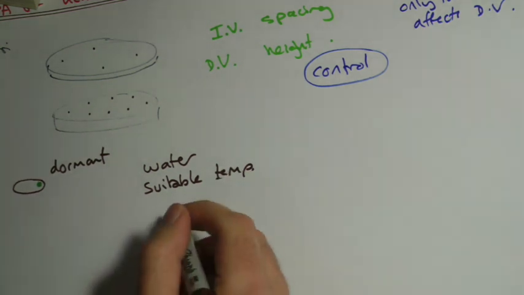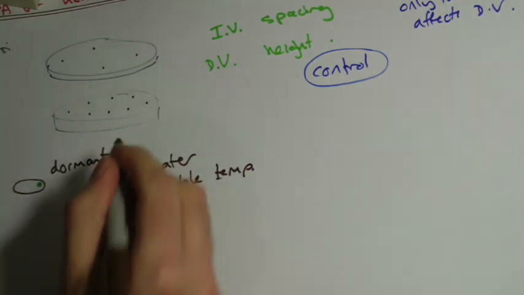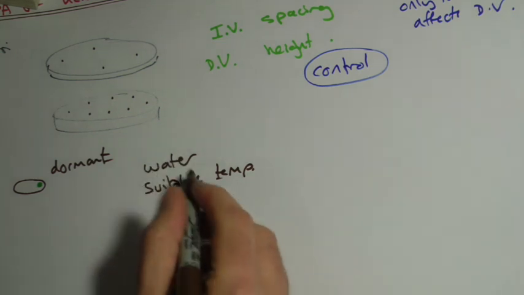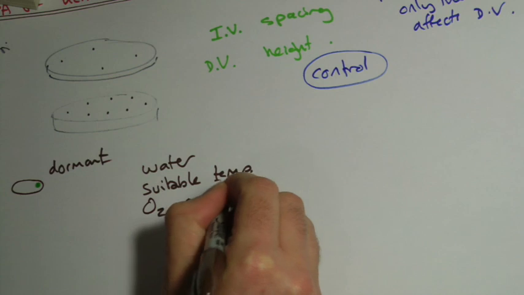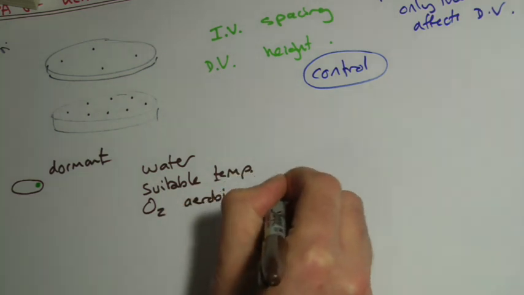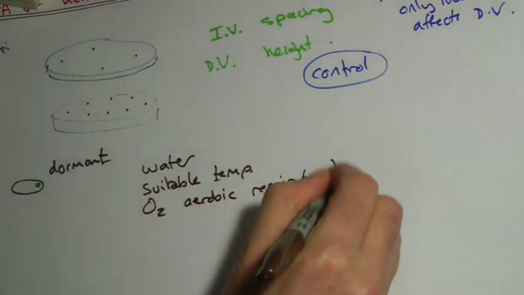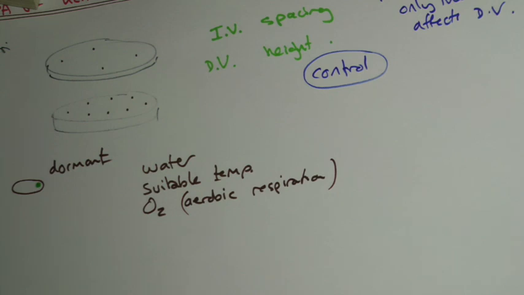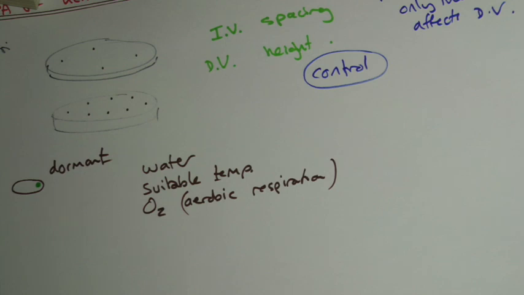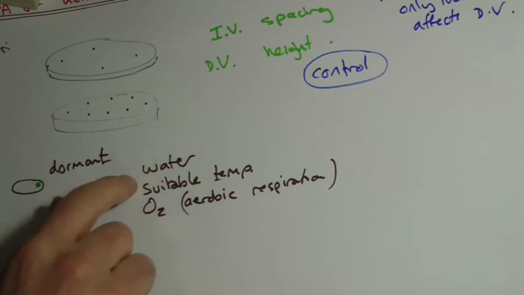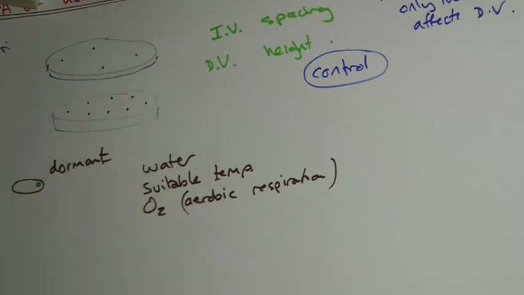You know, the beginning of spring, it's not that warm, and yet seeds are starting to germinate. So water, suitable temperature, and oxygen. Germinating seeds have quite a high energy demand, so there's plenty of aerobic respiration going on to supply that. So they do need a good supply of oxygen.